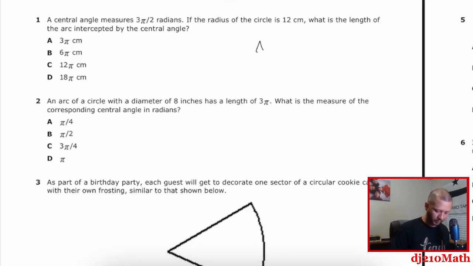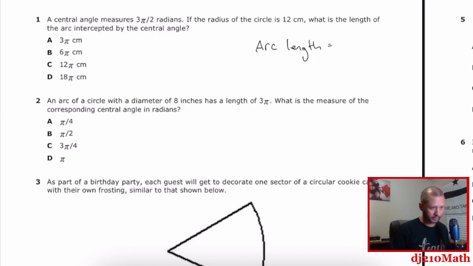So the formula goes that the arc length is equal to the angle times the radius.